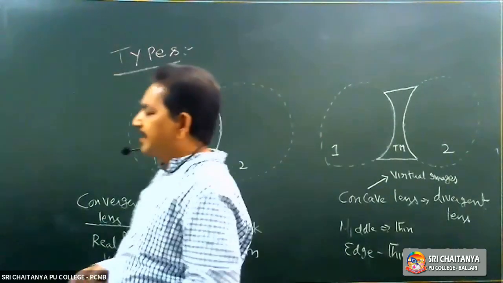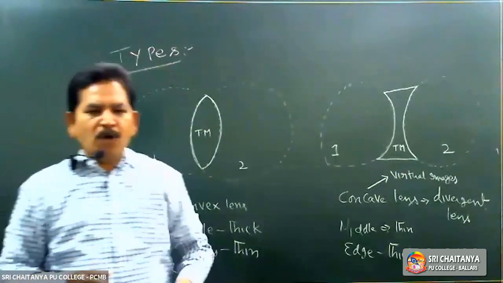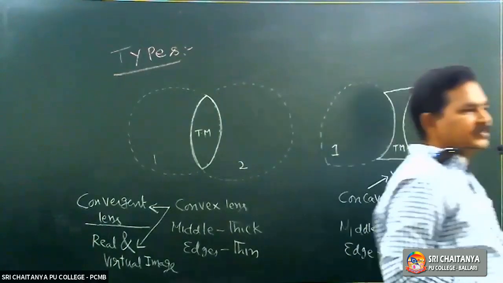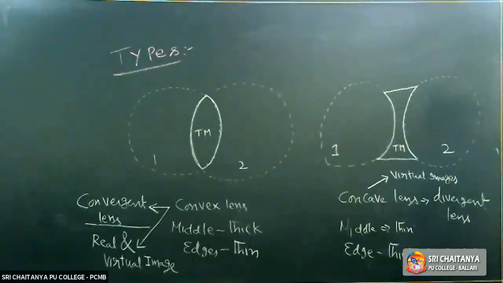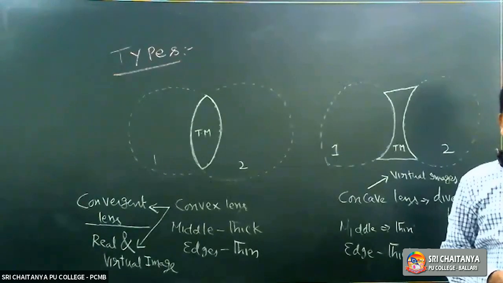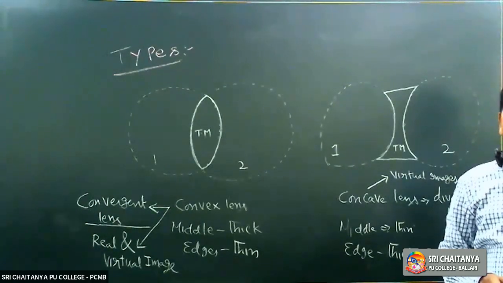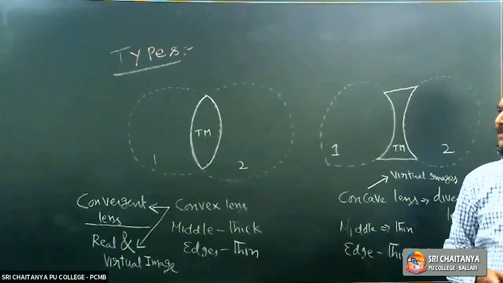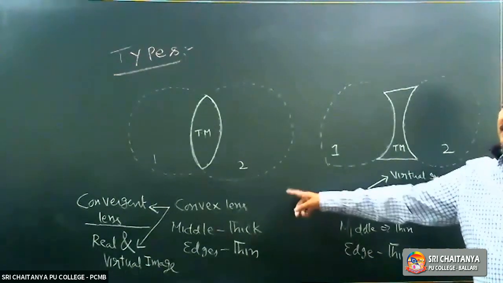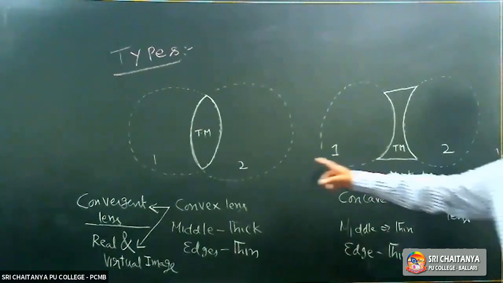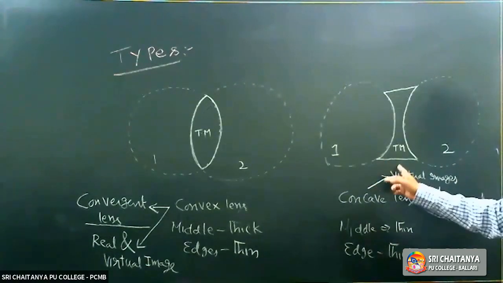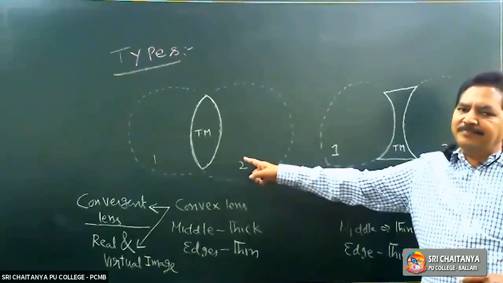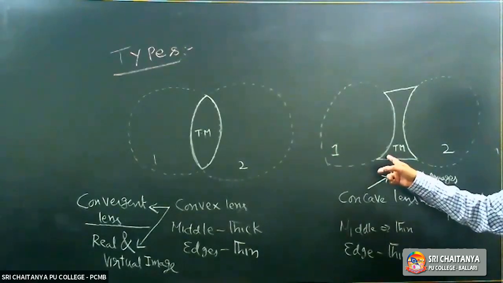A lens is a transparent medium bounded between two refracting surfaces, out of which one surface is spherical, and the second surface may be spherical or plane. Convex lens, concave lens, convergent lens, divergent lens: middle part thick, edges thin; middle part thin, edges thick.